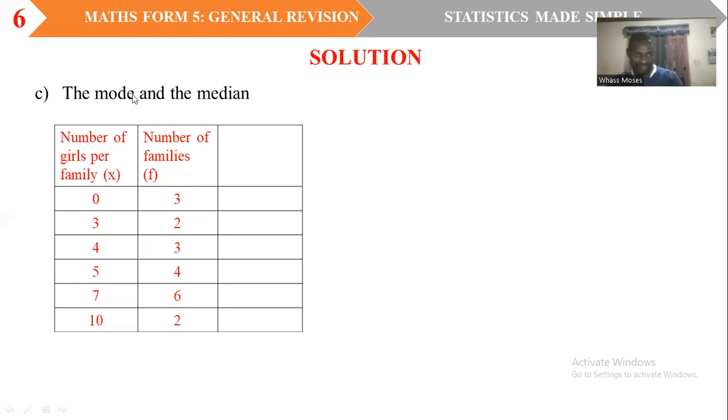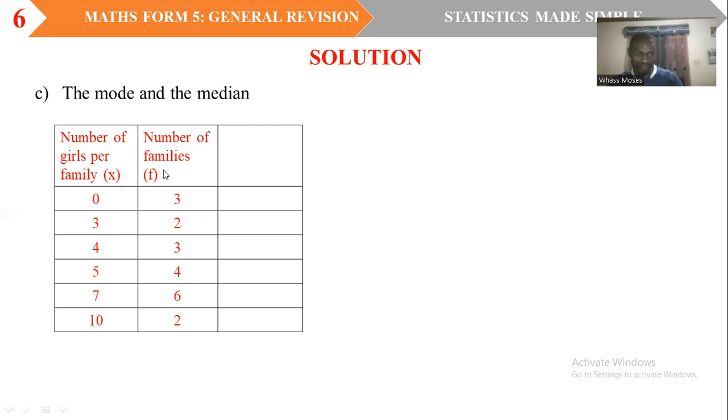To find the mode, we look back at that frequency distribution table that we obtained. We were told that the mode is the score with the highest frequency. So we look at the number of girls corresponding to the highest frequency.